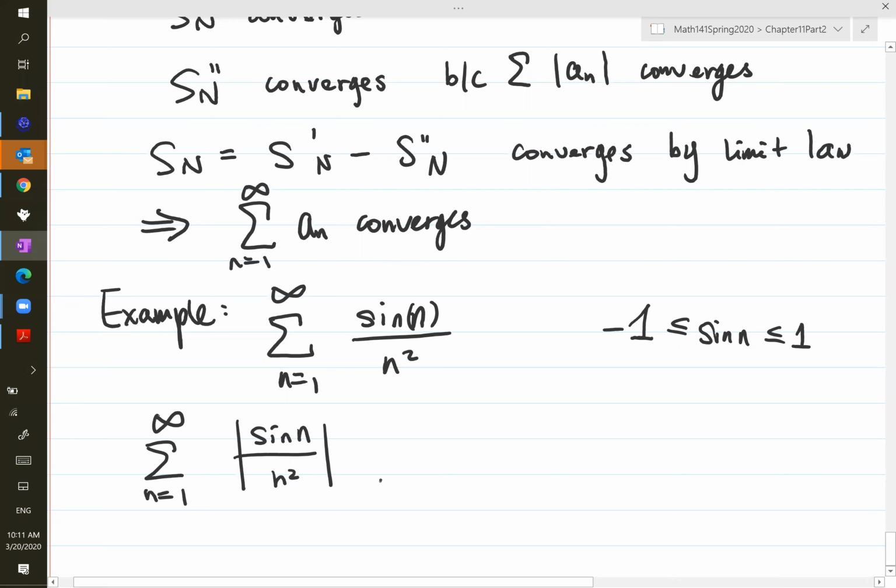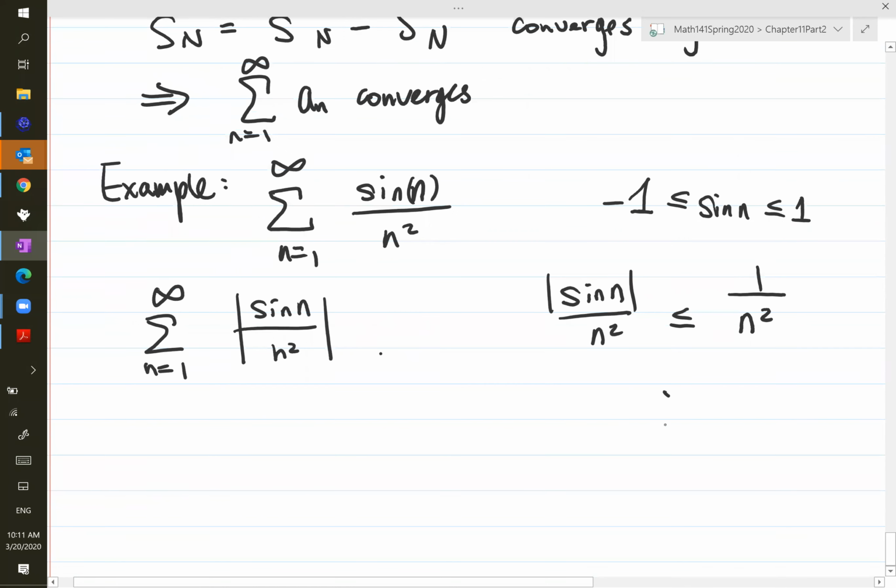Now, first of all, we can use comparison. |sin n| over n squared is bounded by 1 over n squared. Now the series 1 over n squared is convergent by the p-test. Here p is 2. So it converges.